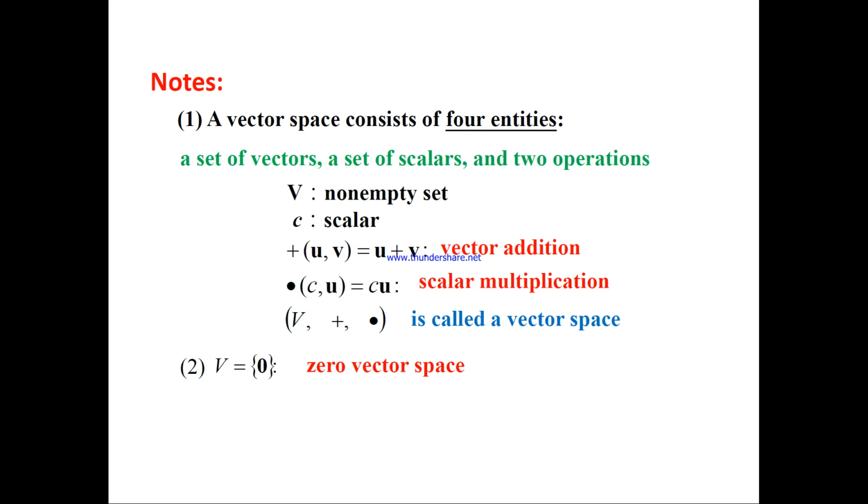The second property here in the vector space is, if V equals 0, then that vector is called a 0 vector space. So this is all about vector space, and this is the definition of vector space.